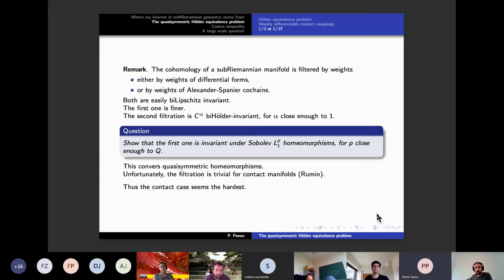So here is an example of a tool which would be available for sub-Riemannian manifolds, but not for contact. It's a pity. So I'm wondering whether this kind of questions about bi-Lipschitz or Hölder quasi-symmetric equivalence of sub-Riemannian manifolds, whether the contact case possibly would be the hardest case.